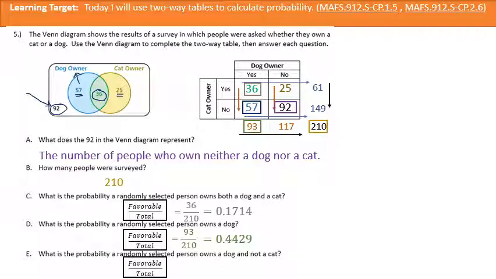Probability is the number of favorable outcomes over total outcomes, so that's 57 divided by 210. They don't say how to do it, so I'm going to leave it as a decimal. Grab my calculator. 57 divided by 210 is 0.2714. Done and done.